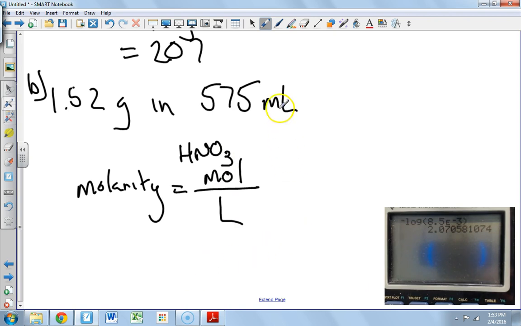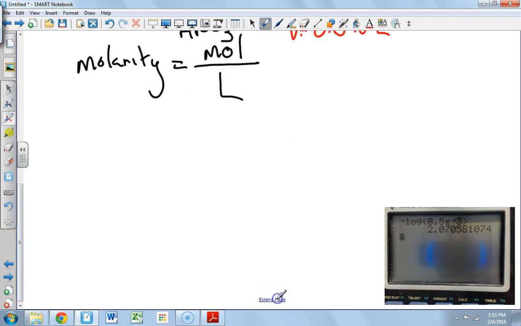We can convert this to liters by moving our decimal point over 3 spots. So the volume equals 0.575 liters, and now we need the number of moles. We can't get the moles until we convert using our molar mass.